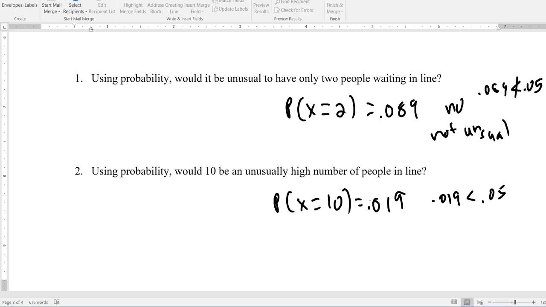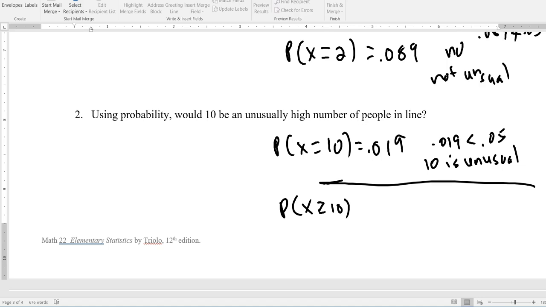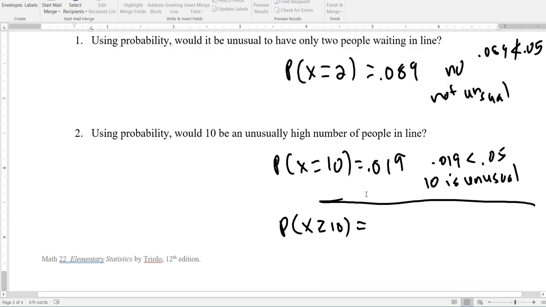So 10 itself would be unusual, but I don't think that's what they're asking here. They're saying, would 10 be unusually high? Okay, so what they're kind of saying here is, would we expect, right, 10 or more? That would be kind of a different question. So I'm not sure. I'd try to be a little clearer on this, but what if we did this? Is 10 unusually high? Would we expect more than 10? I wouldn't word it this way, but they may.